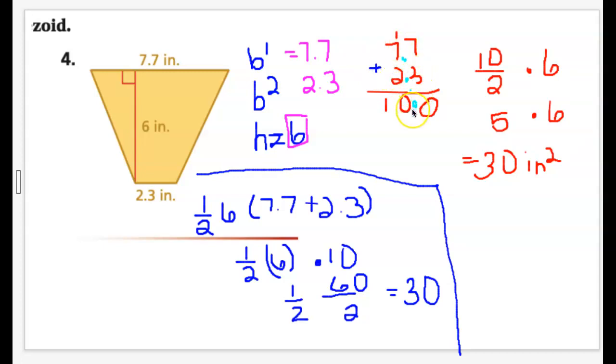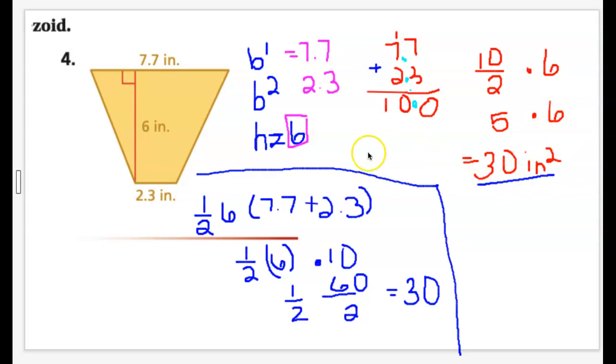We bring the decimals straight down because we're adding decimals, and the sum of base 1 and base 2 is 10. We are then going to take that sum and divide it by 2. Once we find 10 divided by 2 is 5, we multiply it by 6, and the answer is 30 inches squared.